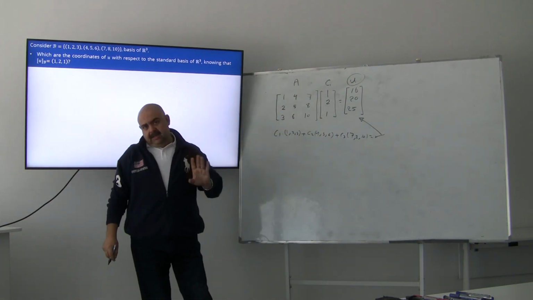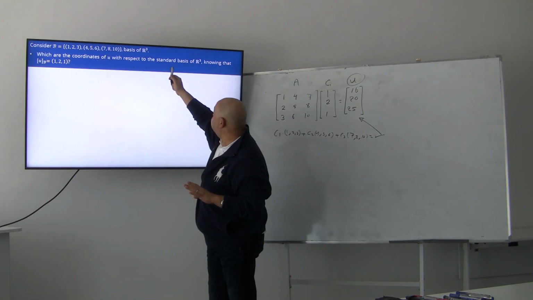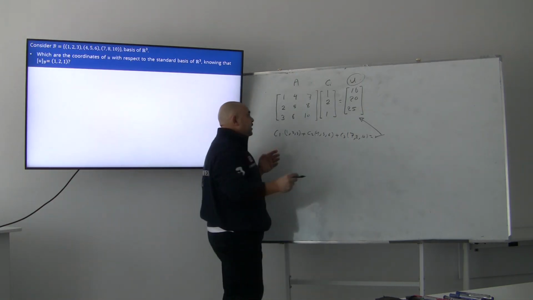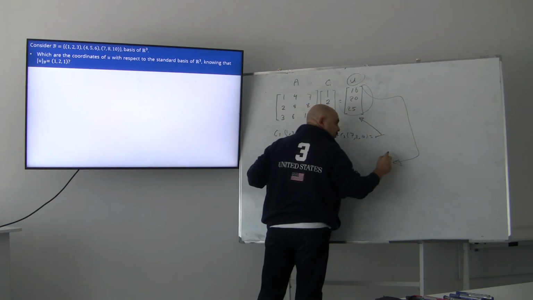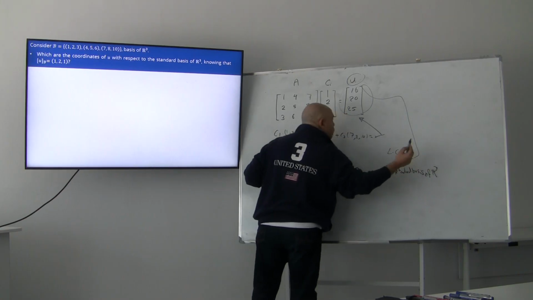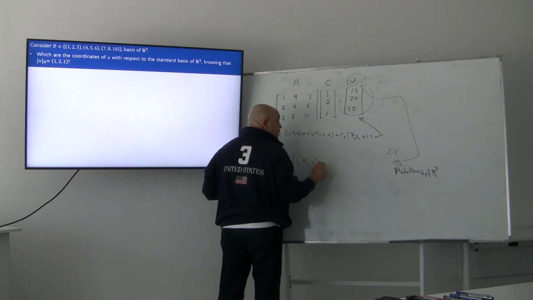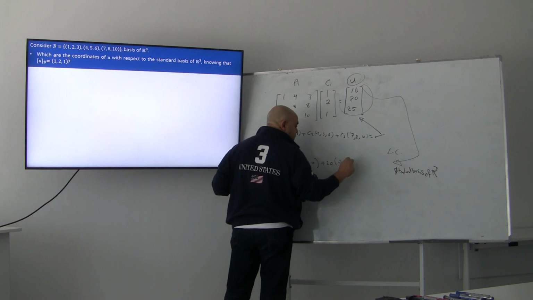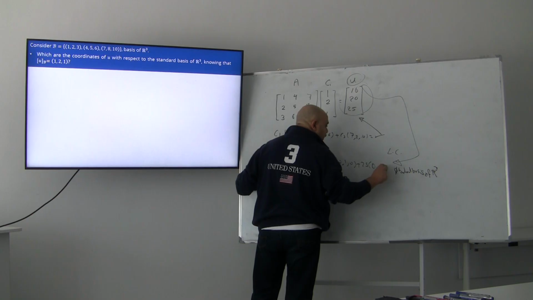And it's exactly the same. If I want you to find the coordinates with respect to the standard basis, this vector can be written as a linear combination of the standard basis of R3, which is simply 16 times (1, 0, 0) plus 20 times (0, 1, 0) plus 25 times (0, 0, 1).